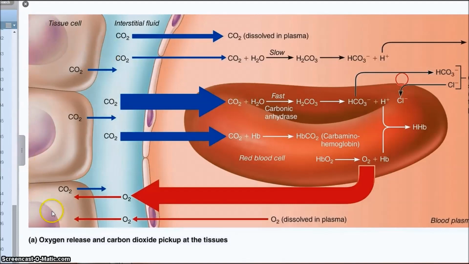So on this side we have the tissues in your body really, and the CO2 is being produced by your cells and then is being dissolved in the interstitial fluid, and it moves from there into your plasma by diffusion. Remember diffusion? This is purely by diffusion. High levels of CO2 here, low levels here, so it moves into the plasma.